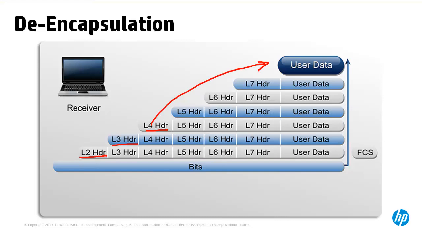So this is a process of de-encapsulation where the headers are stripped and the data is passed up through the OSI model until only the original data remains without any headers. This data would then be used by an application on that PC, in this case perhaps a web server, and that data would then be processed by that web server.